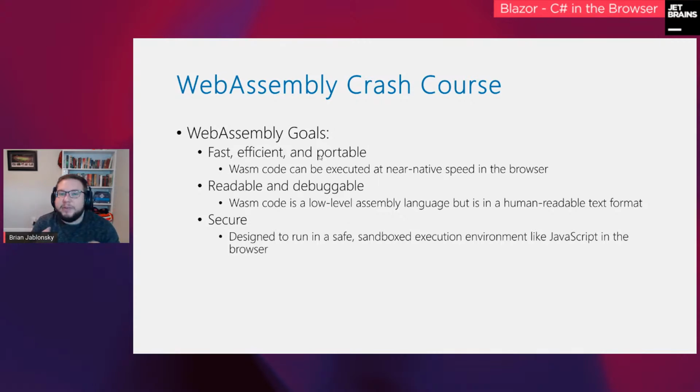It's also meant to be readable and debuggable. In a sense, it's human readable, but I would not recommend trying to program WebAssembly by hand. It's a low-level assembly language, but most people are going to use some other high-level language, C#, C, C++, Java, Python, whatever you want to use, and then transpile it into WebAssembly.